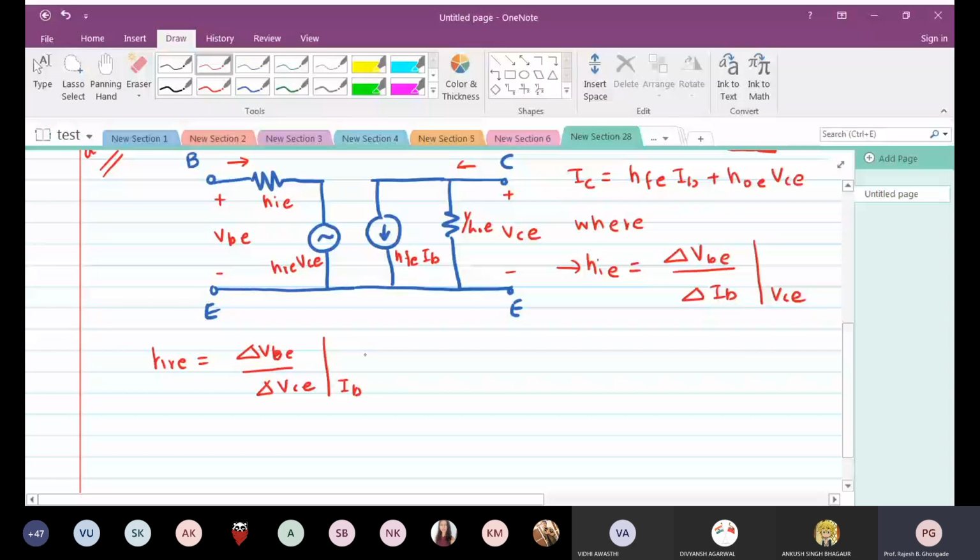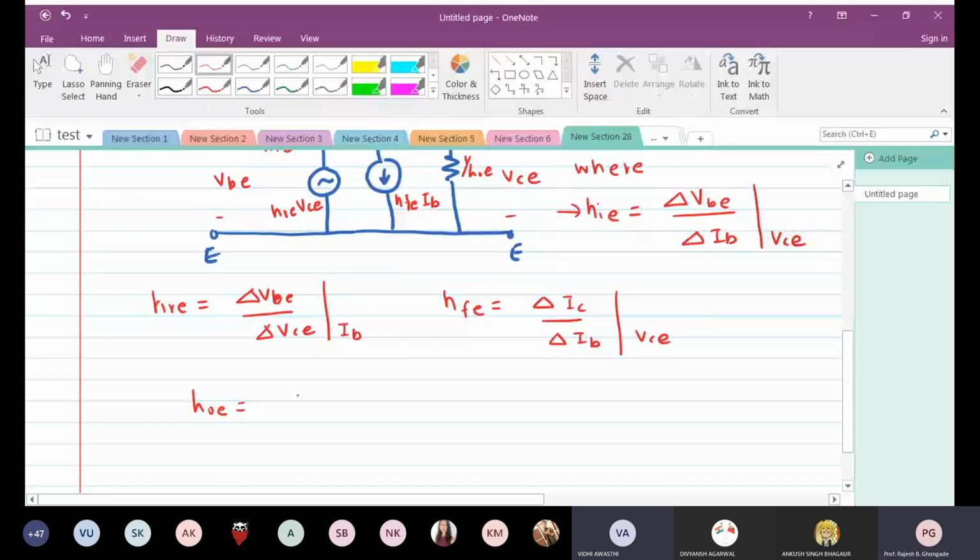Then using the second equation, I get HFE as delta IC by delta IB, when I keep VCE constant. Similarly, I can have HOE as delta IC over delta VCE, keeping IB constant.